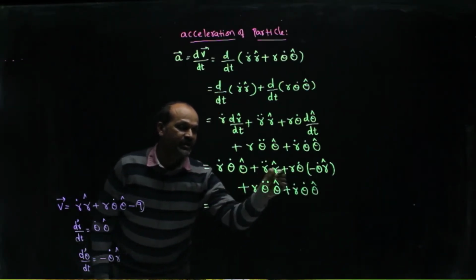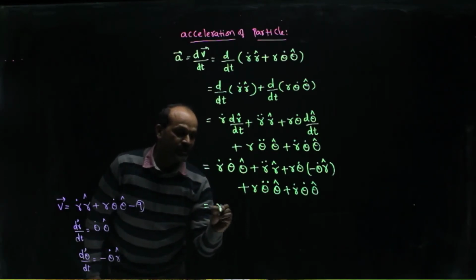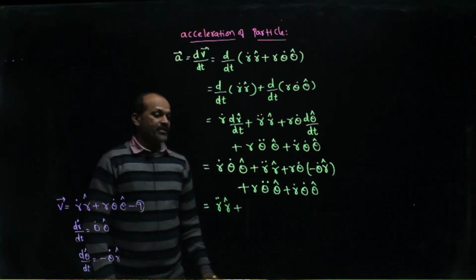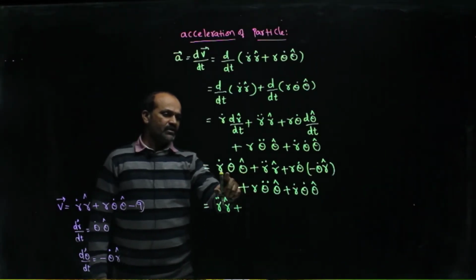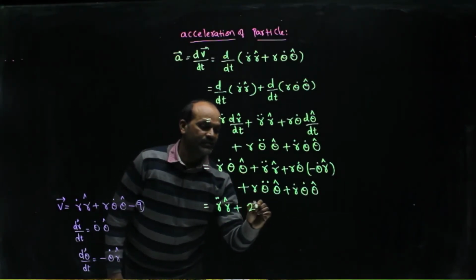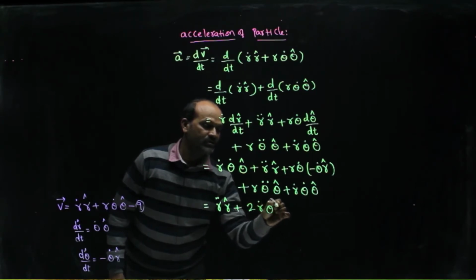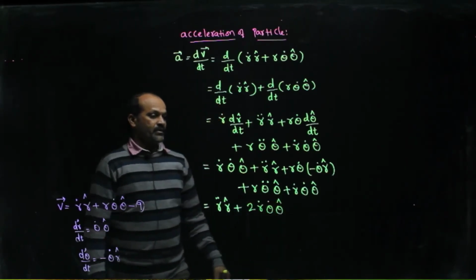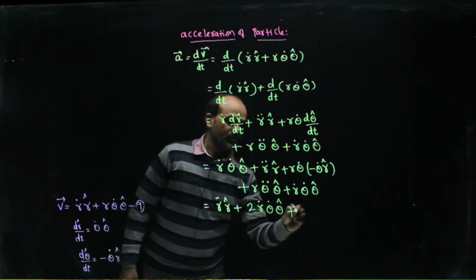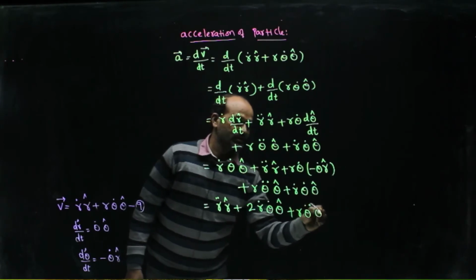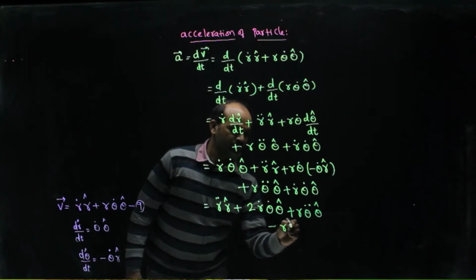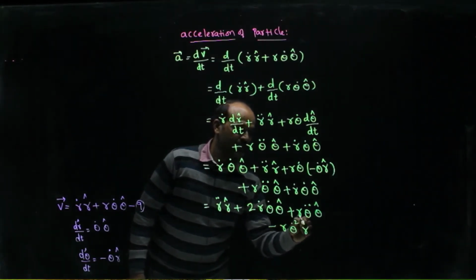So first let me write this r double dot r cap plus, next one is r dot theta dot theta cap, r dot theta dot theta cap. You can write 2 r dot theta dot theta cap. This one, what is the remaining? Plus r theta double dot theta cap and minus r theta dot square r cap.